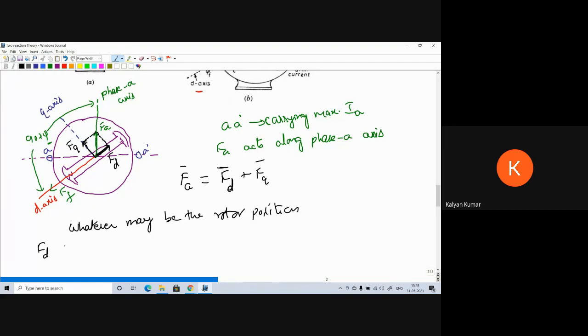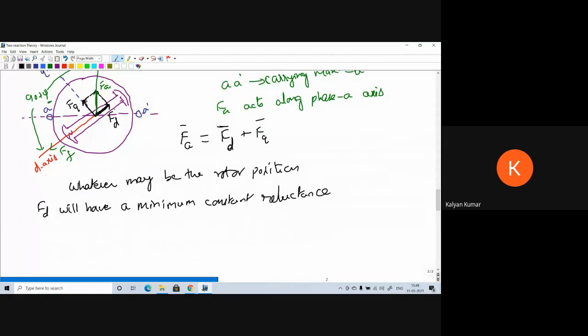the FD will have a minimum constant reluctance. So the air gap is minimum, so the reluctance is minimum, and FQ will have a maximum but constant reluctance.